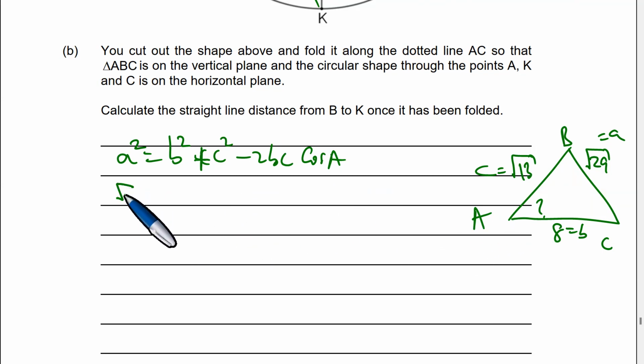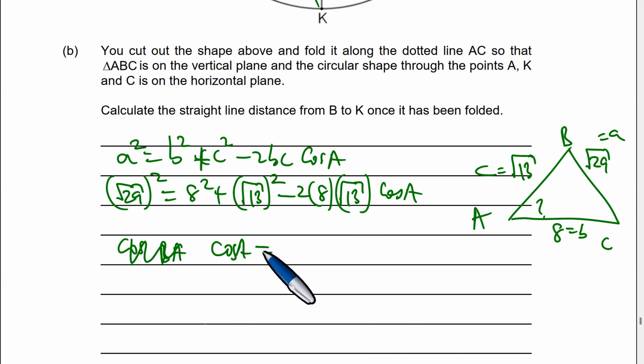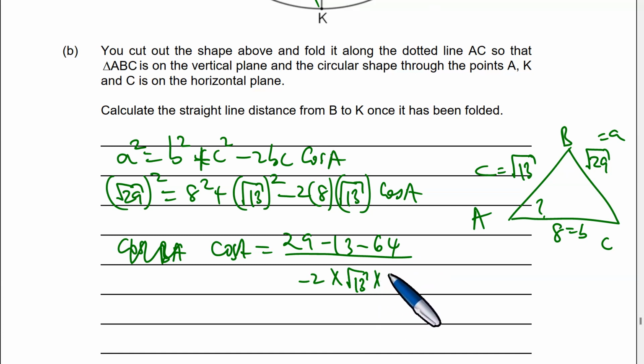So we want to find angle A, so 29 is 8 squared plus square root of 13 squared minus 2 times 8 times square root of 13 cosine A. Which means cosine A, let's keep the angle BAC as A, is going to be the same as 29 minus 13 minus 64 divided by minus 2 times the square root of 13 times 8.